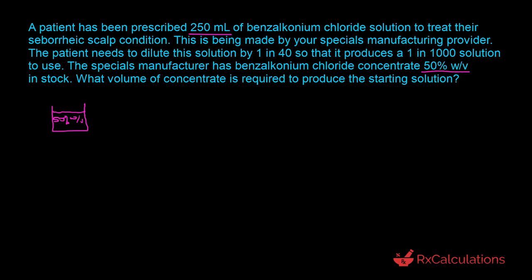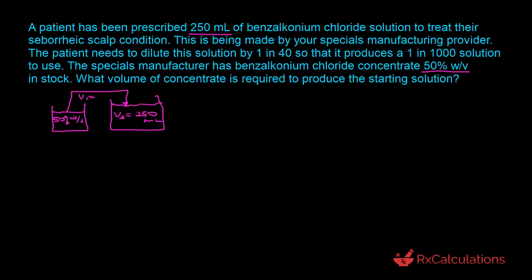We do not know the total volume of the concentrate, but for this question, it doesn't really matter because it's not pertinent to the solution. The goal here is to prepare 250 milliliters of a starting solution, so the volume here is actually 250 milliliters. And the goal is to determine the volume of the concentrate that you need to take to prepare that. So we're interested in, let's say, V1.